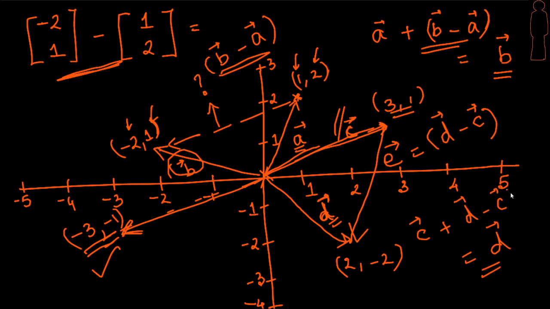Similarly, you can ask the same question and see what happens if I start from the origin, walk in the direction of D, later somehow I have to reach C, so what should be this? Then you will figure out very easily that the answer this time is going to be C minus D vector.